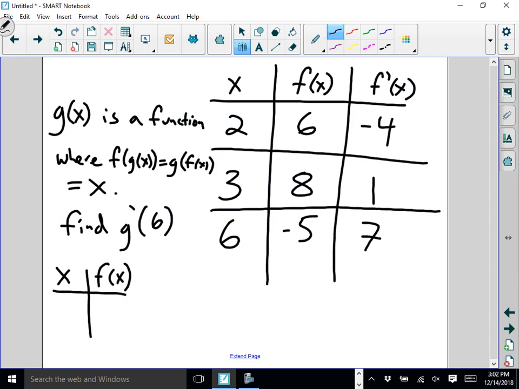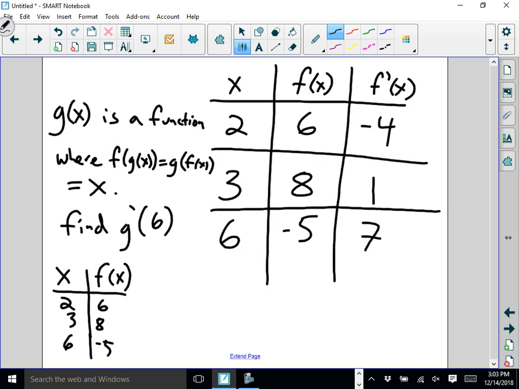We know the point (2, 6), the point (3, 8), and the point (6, -5). So all those points are on f(x). So all those points but reversed should be on g(x).